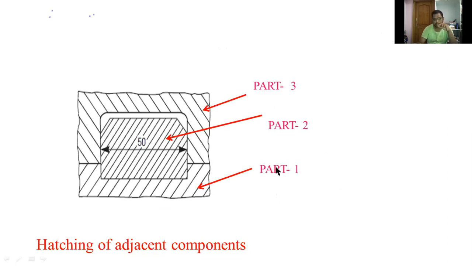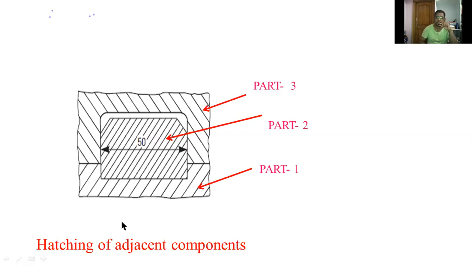Now this is also another example for hatching of adjacent components. Here this bottom part I treated as part 1 or component 1, this middle section as part 2, and this outside part as part 3. Here, totally three components are there.